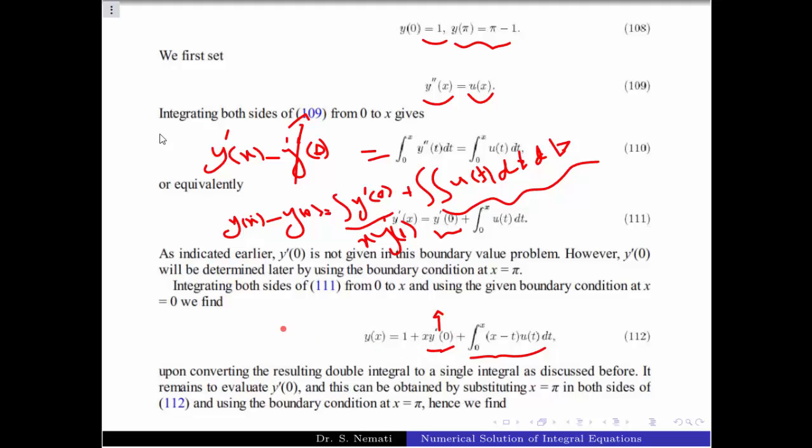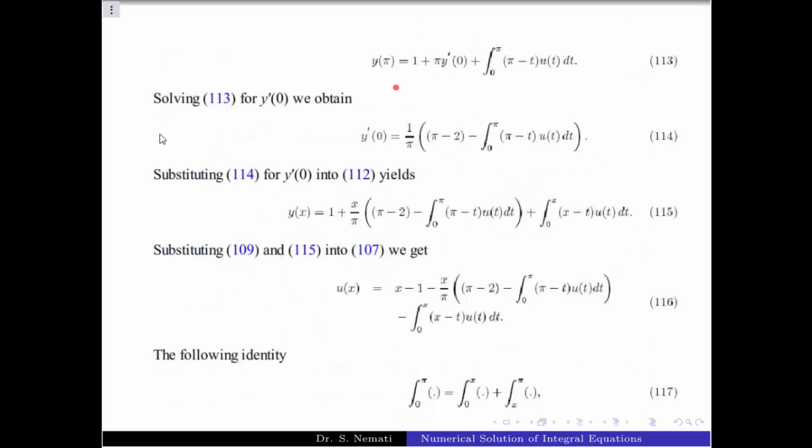If we set x equals pi, then we have y of pi equals 1 plus pi times y prime of 0 plus the integral of x minus t times u dt from 0 to pi. So I replace x with pi.